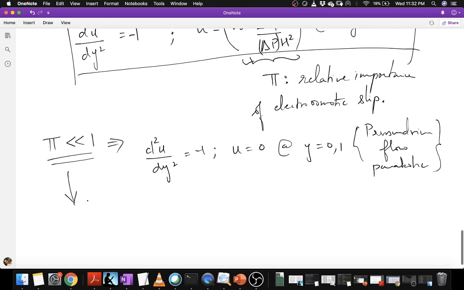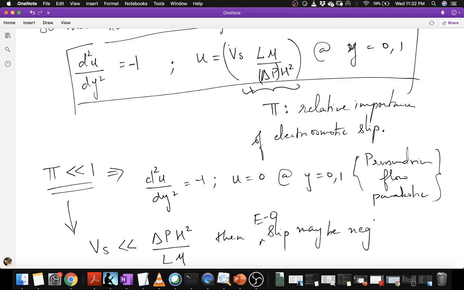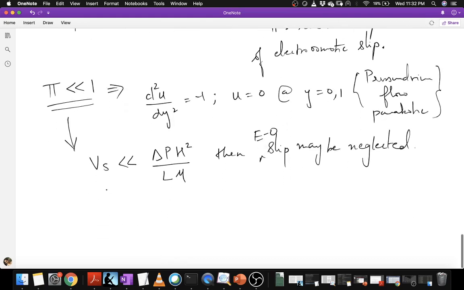This means that if Vs is much less than delta P h squared over L mu, then this electro-osmotic slip may be neglected.